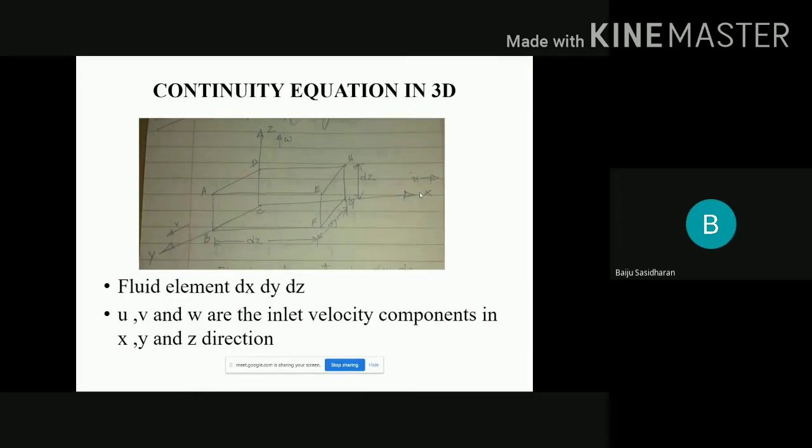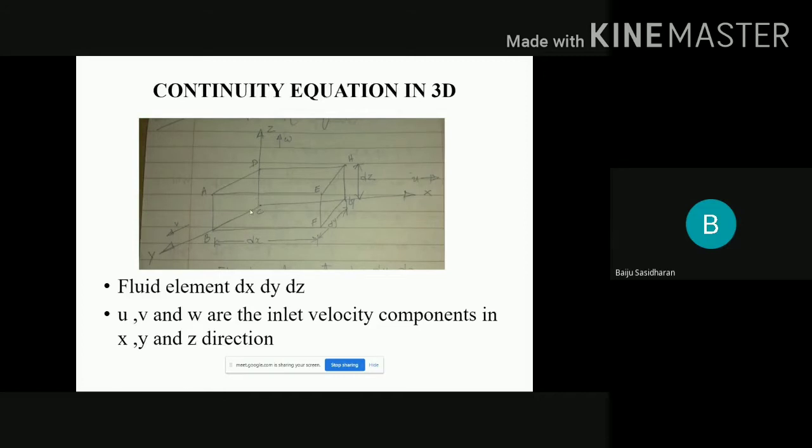And along the y direction, fluid comes in this direction and leaves along this direction. And in the z direction, fluid comes in this direction and leaves along this direction. Parameters in a particular direction are a function of the other two directions also.